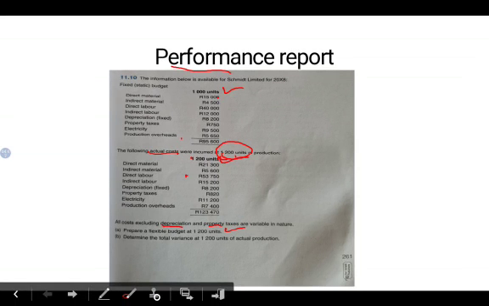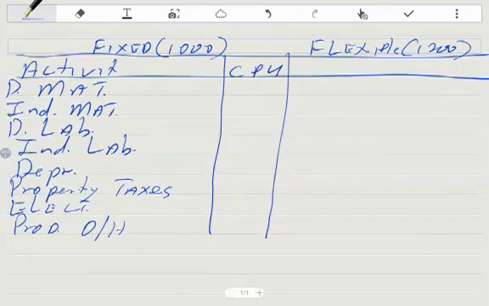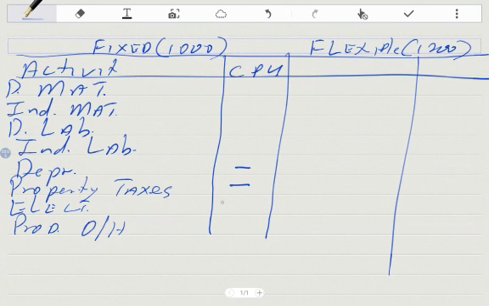I'm sorry for that, I was trying to open this one. Right. So depreciation and property taxes are fixed in nature, so there's no need to calculate a cost per unit. We are going to take the same amount as they are. So your total amount here will be the same, 8,200, and your 750 on this side.